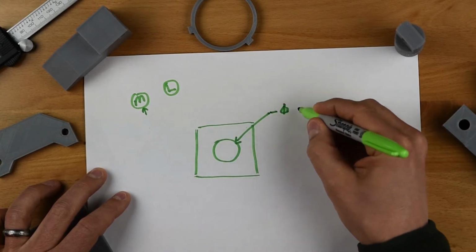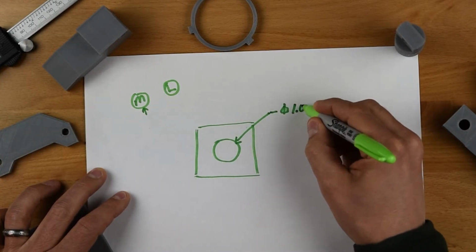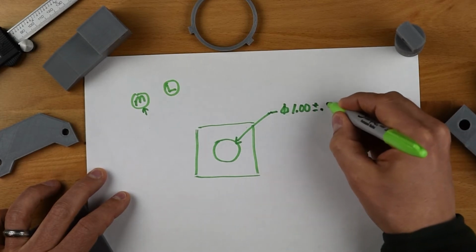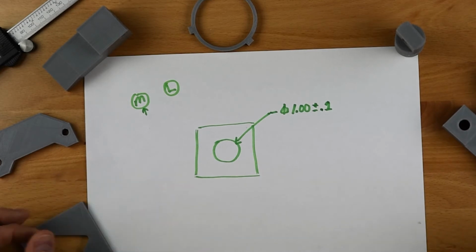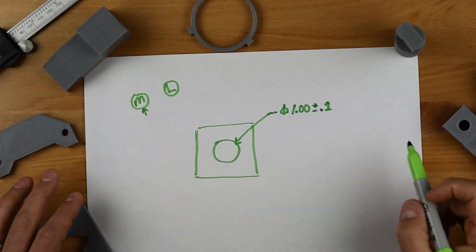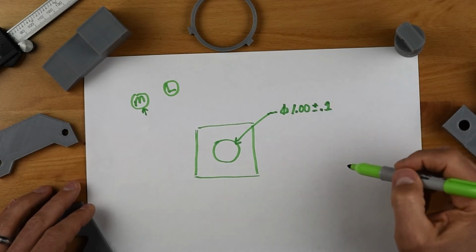Let's say it's 1 inch and it has a tolerance of 0.1 inches. So this hole is allowed to vary by plus or minus 0.1 inches.